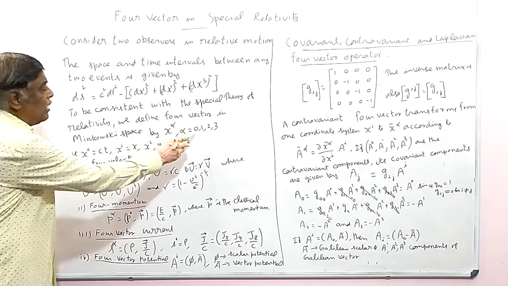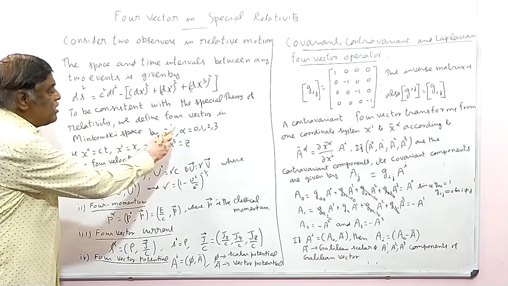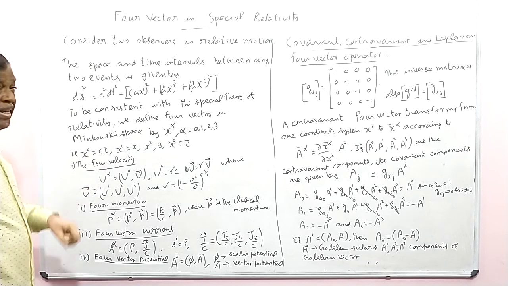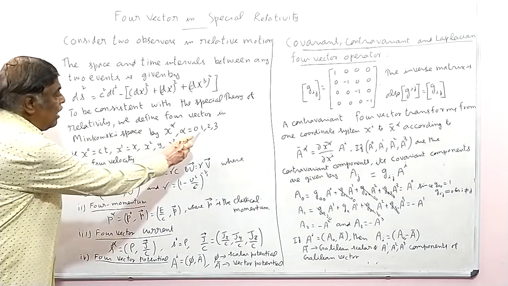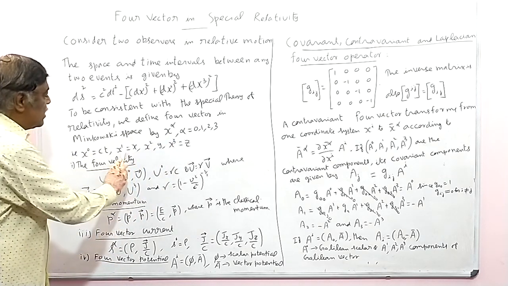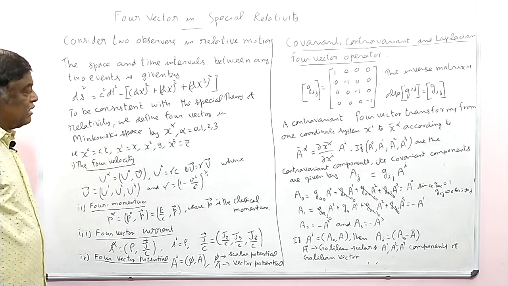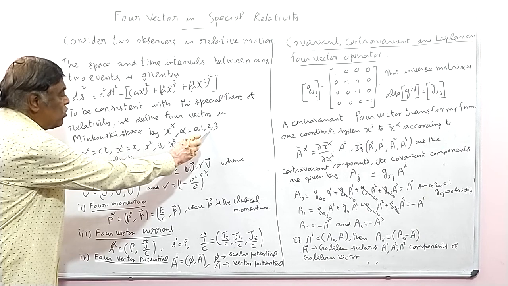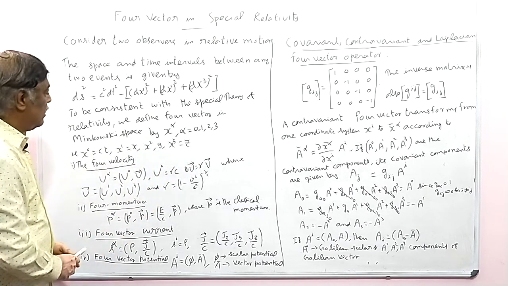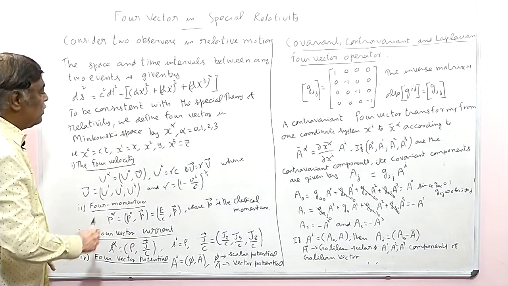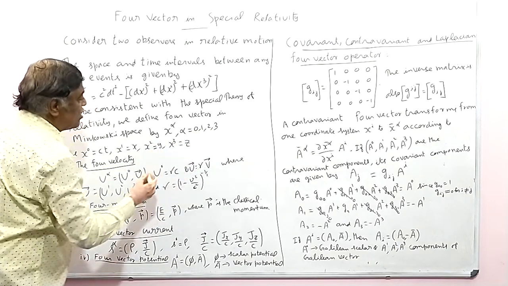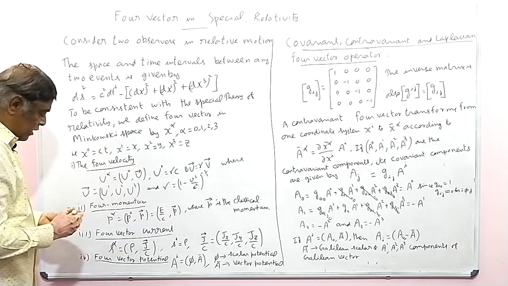When alpha is equal to 0, the coordinate x0 is ct, and when alpha is equal to 1, x1 is x. When alpha is equal to 2, x2 is equal to y, and similarly if you put alpha is equal to 3, x3 is equal to z. So these are the coordinates.